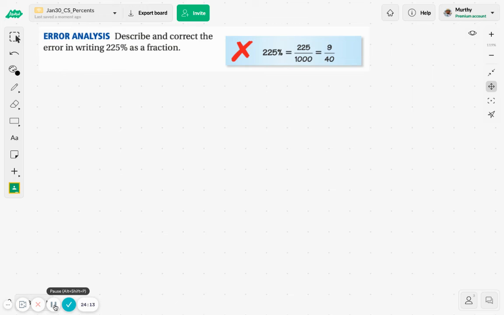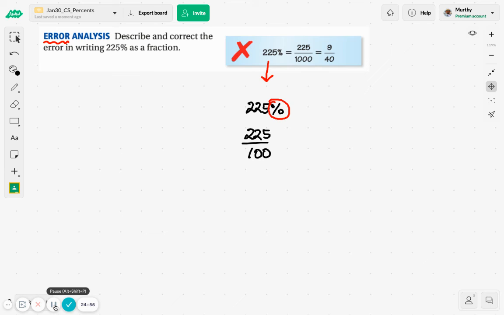And what is wrong in this one? Here, error analysis. Look at the question, if there is any mistake or not. If I were you, I personally prefer to not look at the given answer first. If I'm given 225%, look at this symbol. It shows that we have to take percent, which means out of 100.